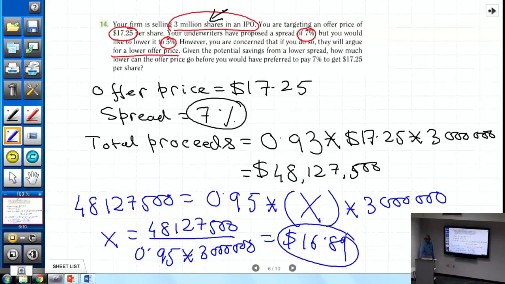So the offer price can fall to $16.89 before you would prefer to pay 7% to get a $17.25 offer price for your IPO. So that completes problems on chapter 13.